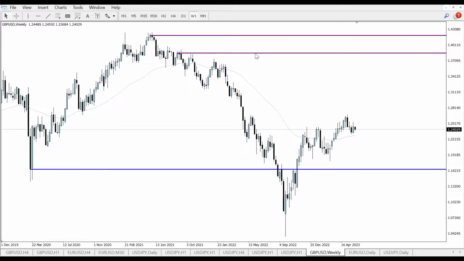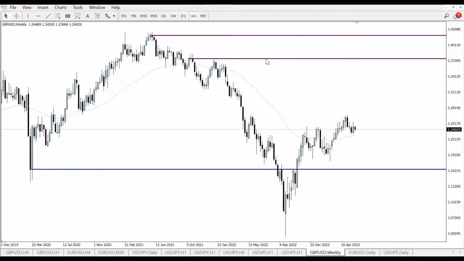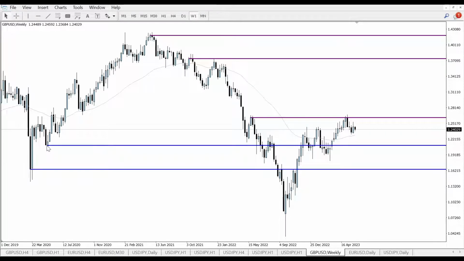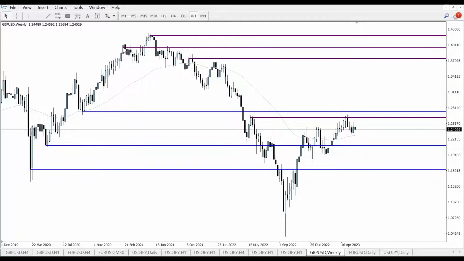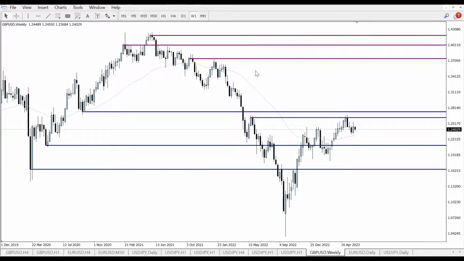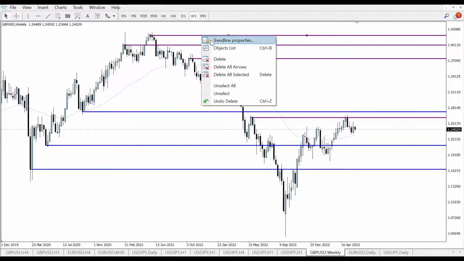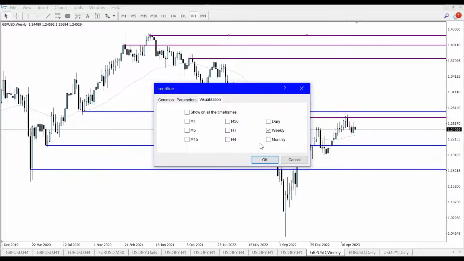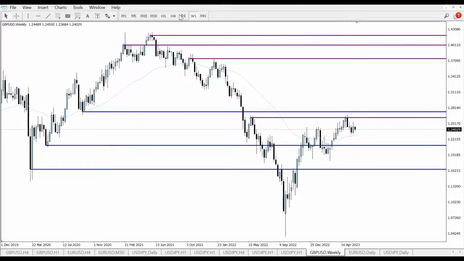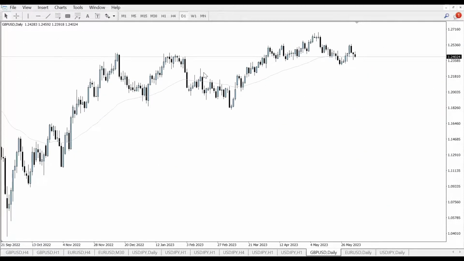There's another one here. And that will be it for the weekly chart as well. All right, now to the daily chart.